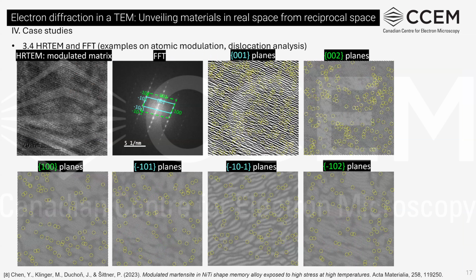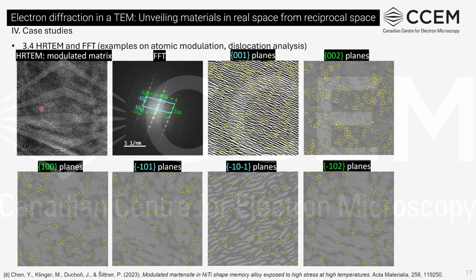Another advantage of using the high-resolution TEM and FFT is to analyze dislocations via GPA analysis. GPA stands for geometric phase analysis. So here, let's continue the previous example of partial dislocation and stacking fault. Here we have a high-resolution TEM image where the partial dislocation and stacking fault happen.